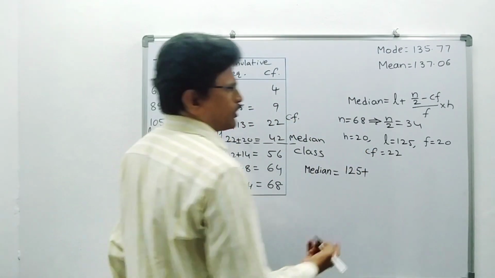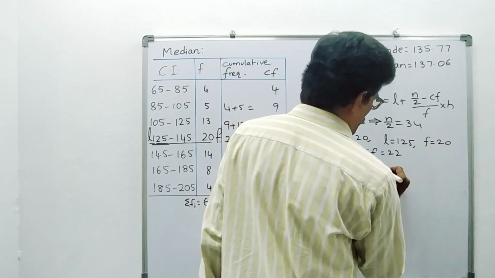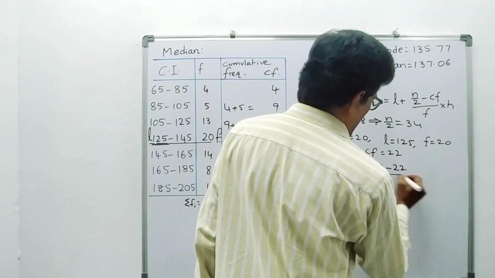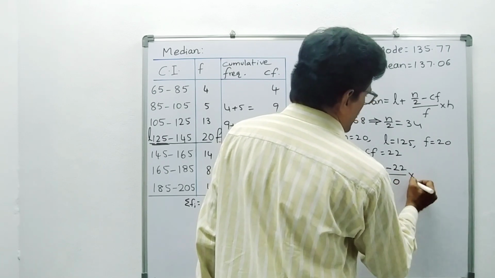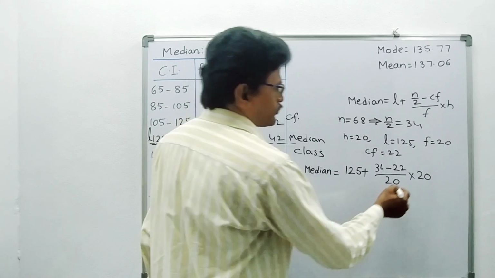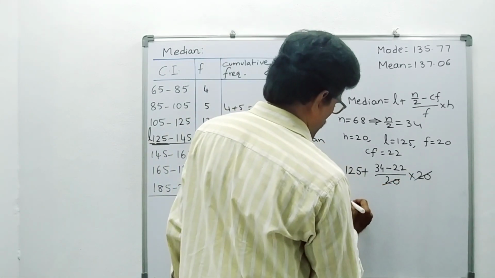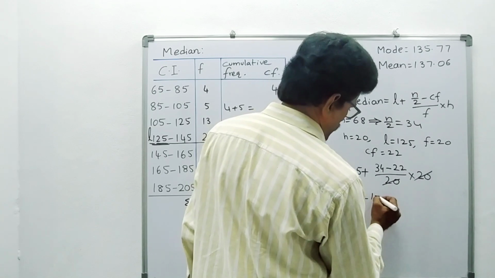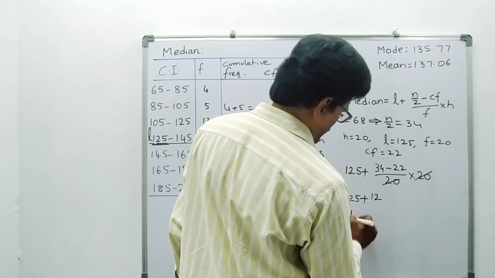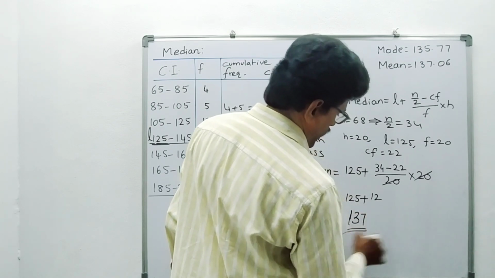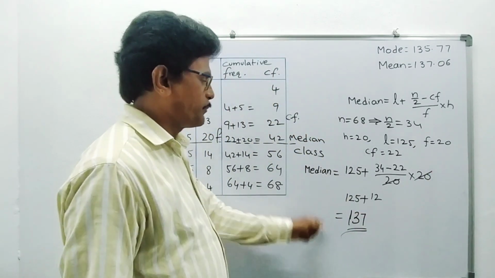N by 2 we already calculated as 34. 34 minus cumulative frequency 22, by frequency 20. Again the class size is also 20 in this case. Okay. Here 20 cancels. 125 plus 34 minus 22, it is 12. So finally how much are we getting? 137. Okay. 137. This is the median.